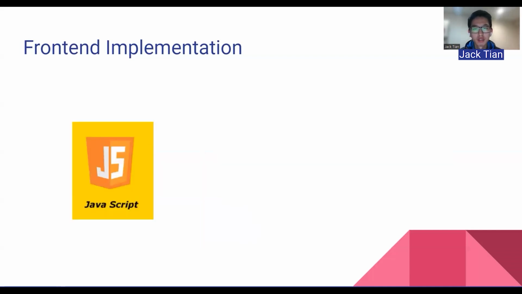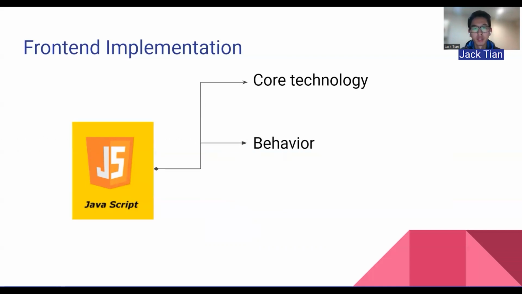JavaScript is another front-end programming language that is one of the core technologies of the World Wide Web, alongside HTML and CSS. We use JavaScript on the client side to control the behavior of different web elements.